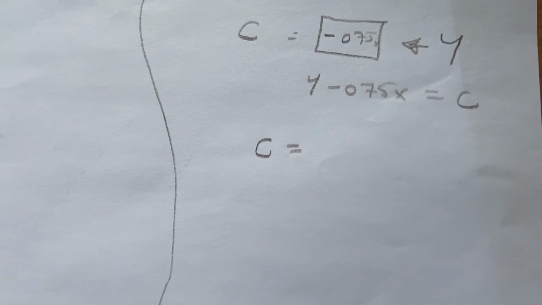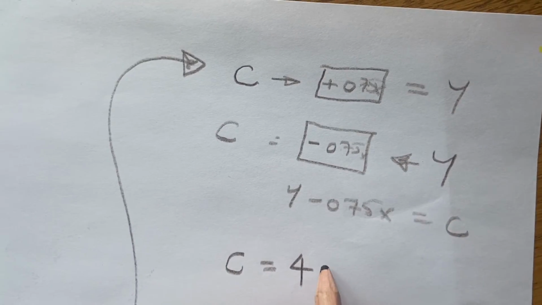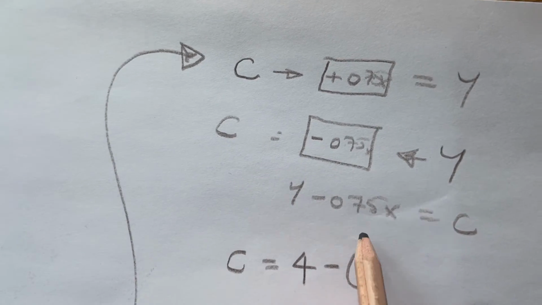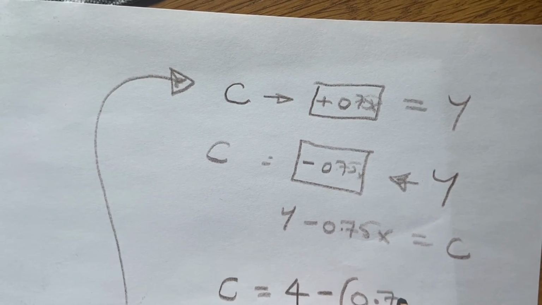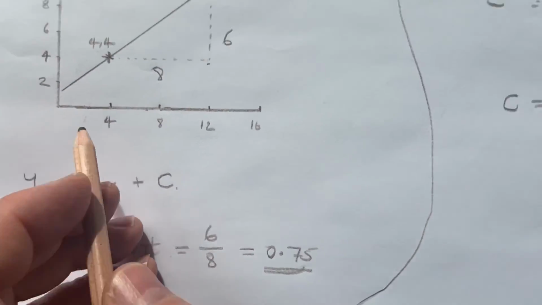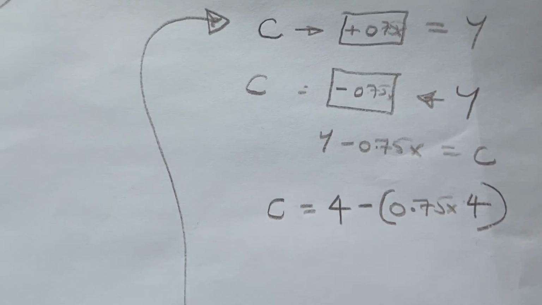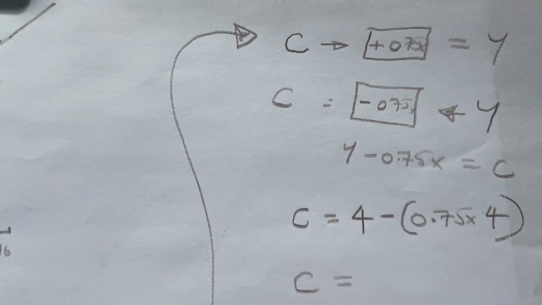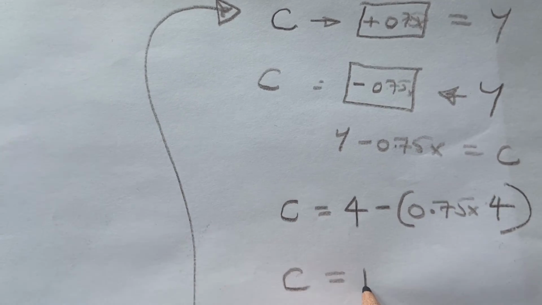So moving back over here, we're going to take our y-axis of 4, then subtract, so brackets again, because now we have our 0.75 multiplied by x, so 0.75 multiplied by our x-axis of 4, therefore c is equal to 1.